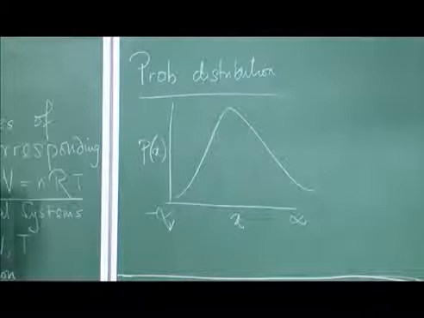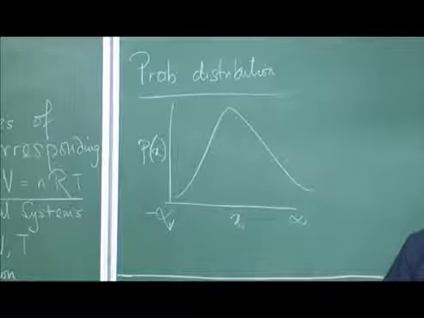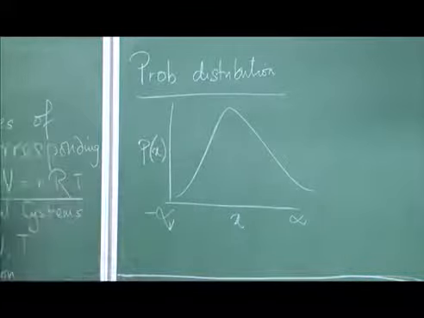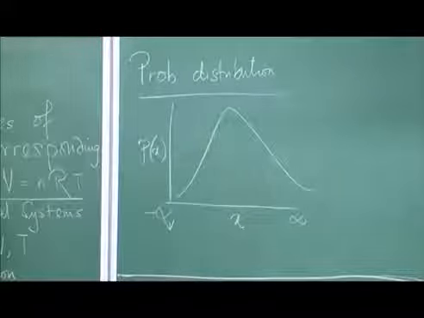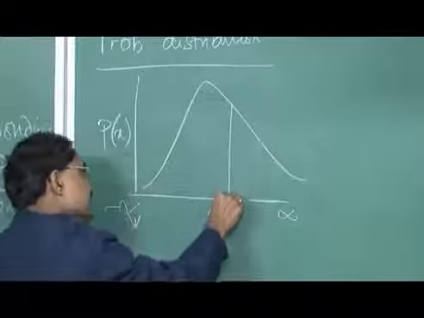Now it is not meaningful if I ask you what is the value of x. Rather, I can ask you the question, what is the average value of x? What does this curve signify for us? This is x.